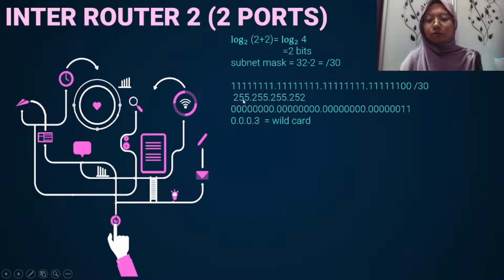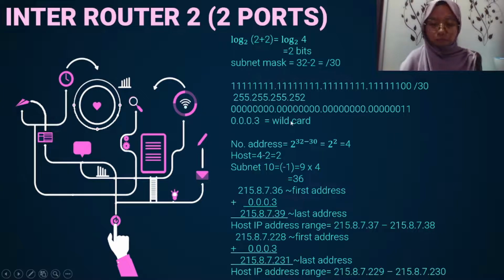So we get 255.255.255.252, and then the 1 we change to 0, 0 change to 1, and then we change back to decimal, and then we get 0.0.0.3 as its wildcard.